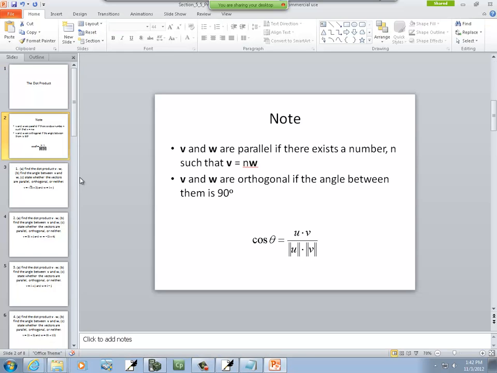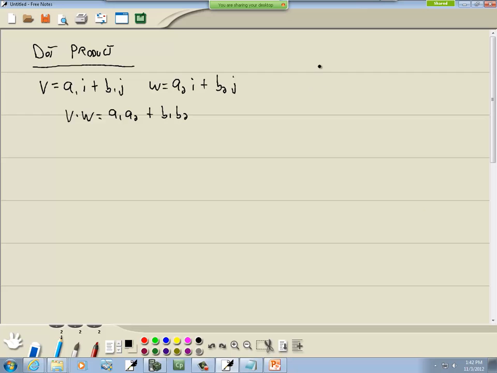Now sometimes it'll ask you if two vectors are parallel, and they're parallel if there exists a number n such that v is equal to nw. What does that mean?